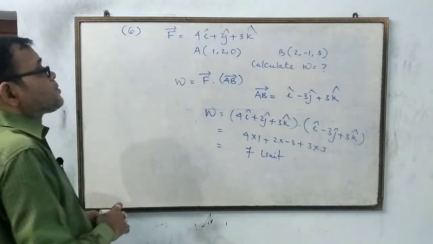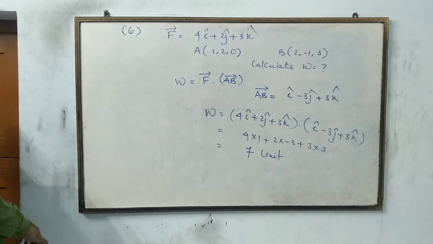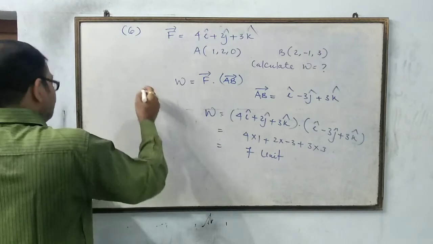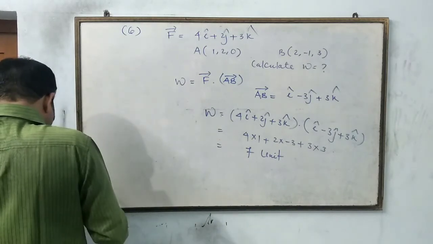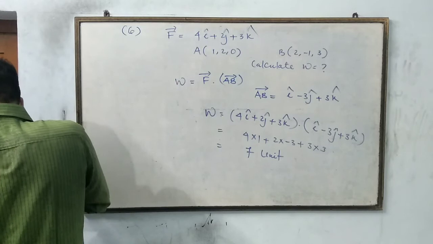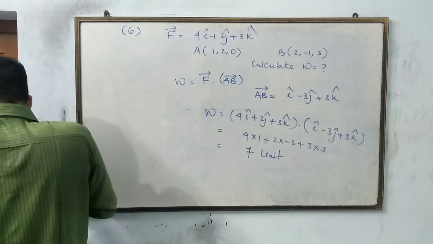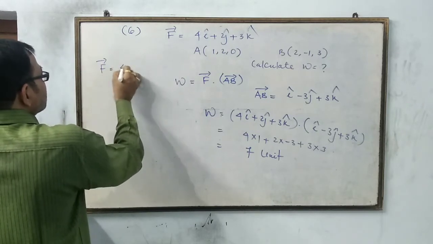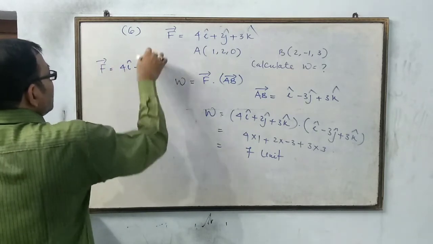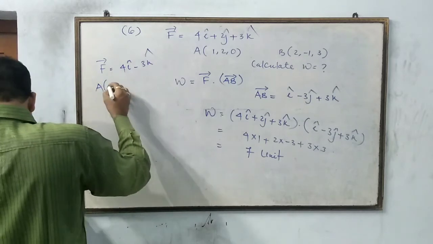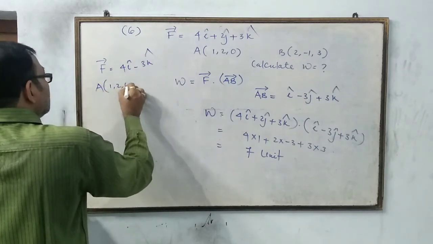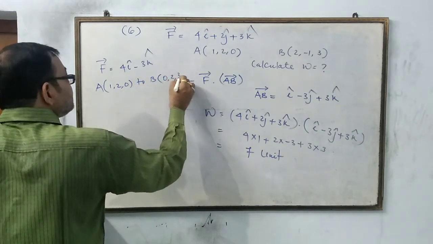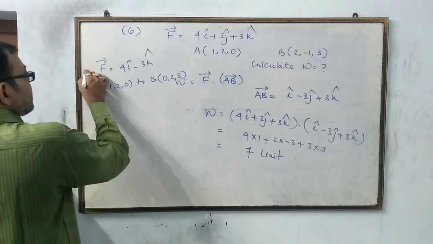In this way there are so many questions, up to 3 questions. I am going to write the questions here. F is given as 4I minus 3K, and the particle has been displaced from A (1, 0, 0) to B (0, 0, 3). That is the second bit.